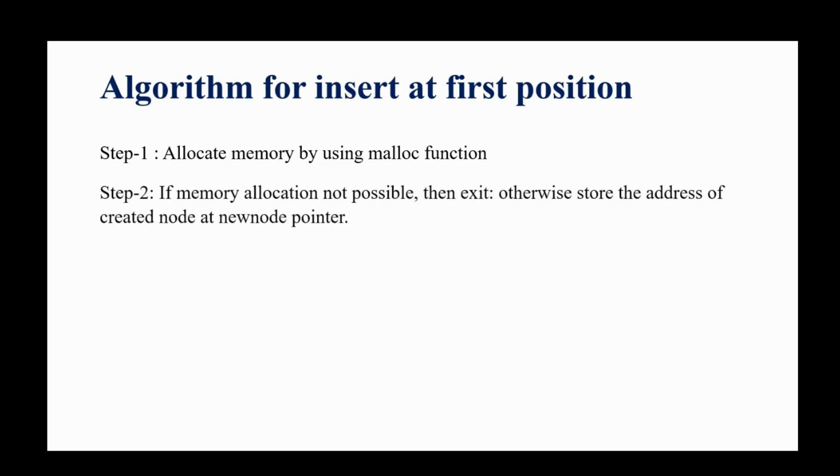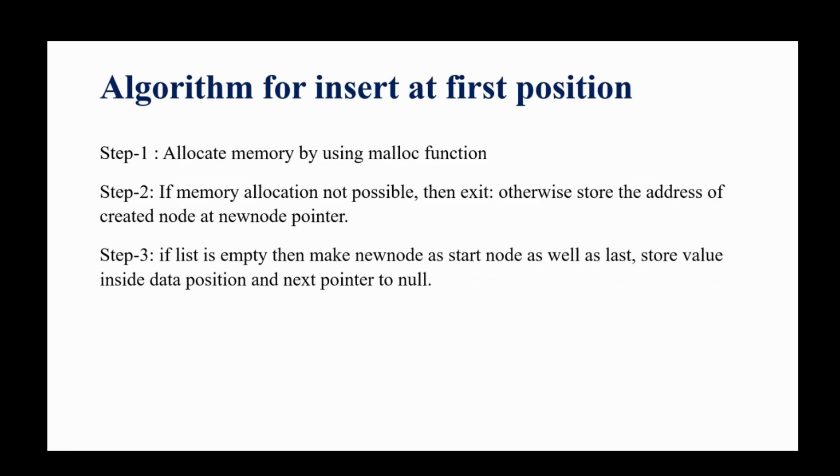So the second step is to check whether memory allocation is possible or not. If the memory allocation is not possible, we simply exit, we cannot insert. Otherwise, memory allocation is done, and we have to store the address of the newly created node in a pointer named new pointer. So we make a pointer named new pointer, which always stores the newly created node's address.